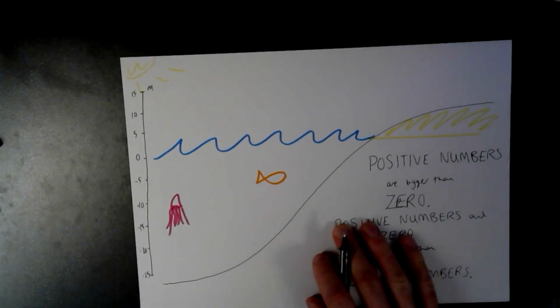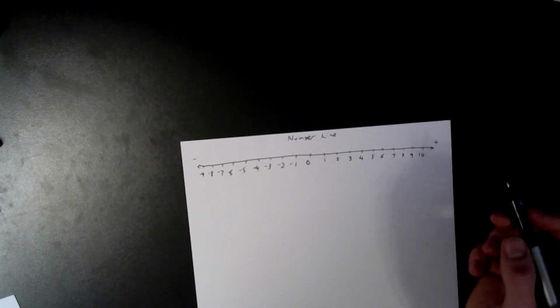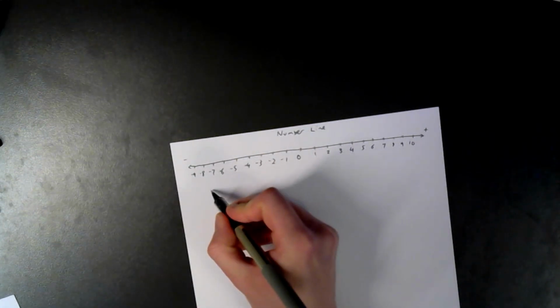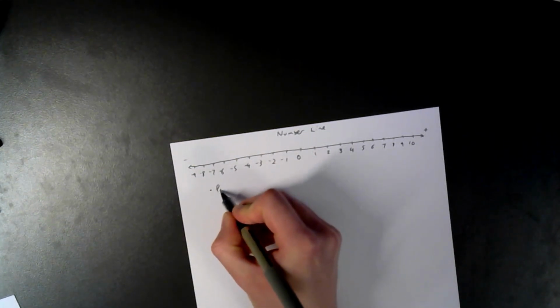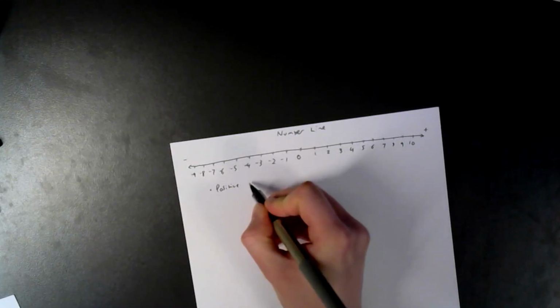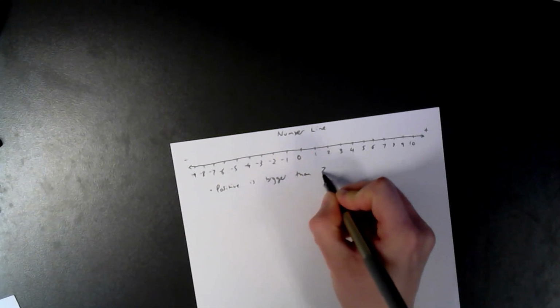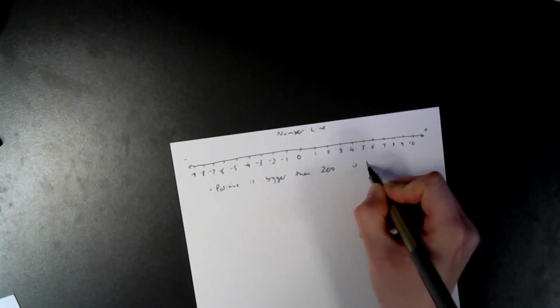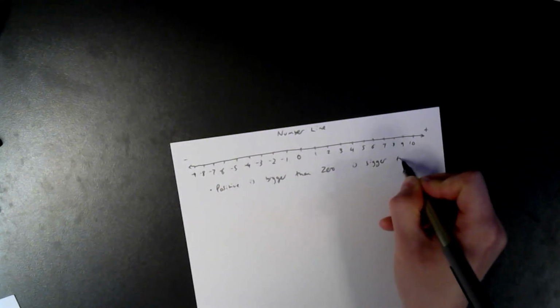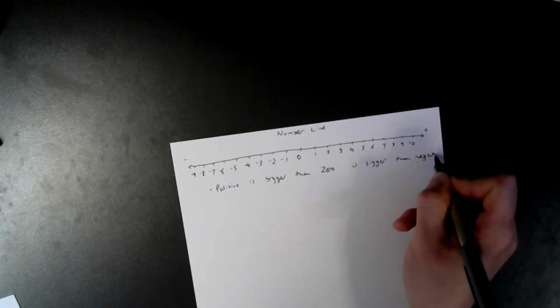And that just works the same both for our vertical number line as for our horizontal number line here. So we have 3 rules, which is positive is bigger than 0 is bigger than negative.